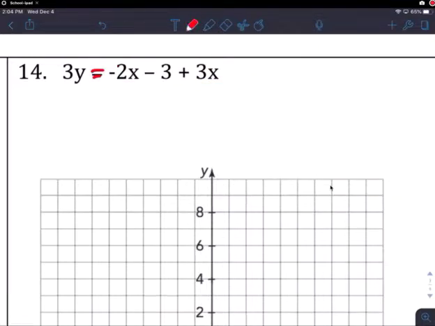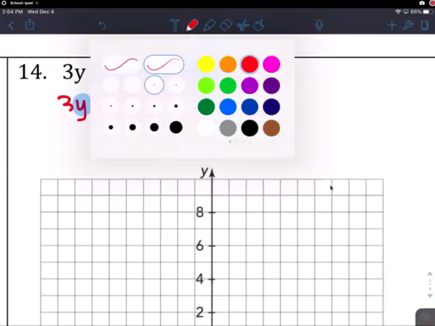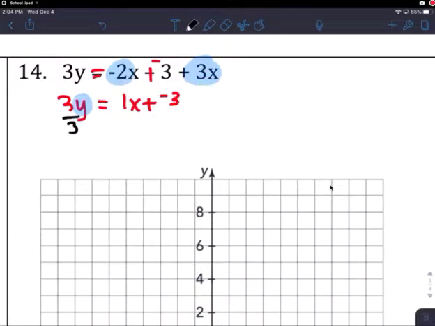So the like terms are negative 2x and the 3x. Negative 2x plus 3x is 1x plus a negative 3. Additive inverse. 3y, and then we want to isolate the variable y, so we have to get rid of the 3. So you divide by 3. y equals 1 over 3x plus a negative 1.